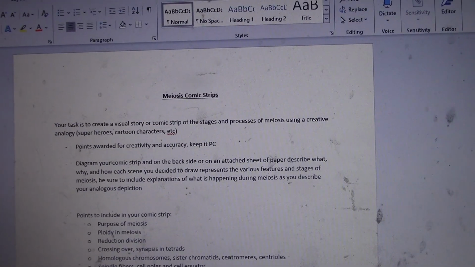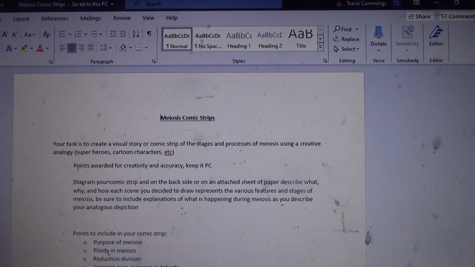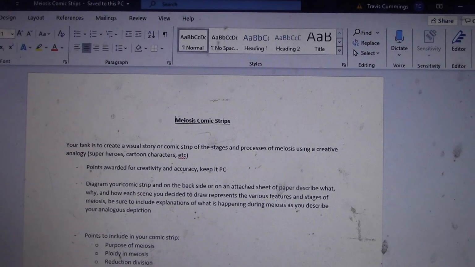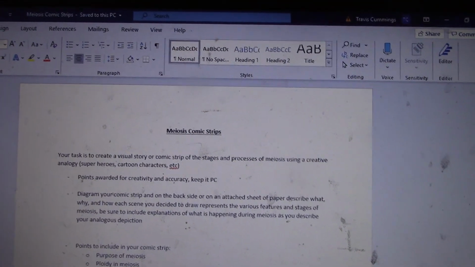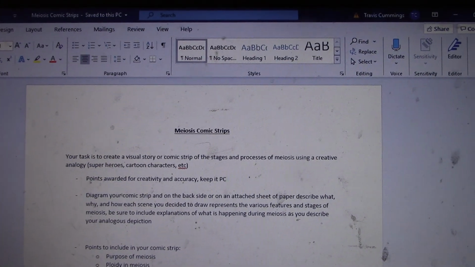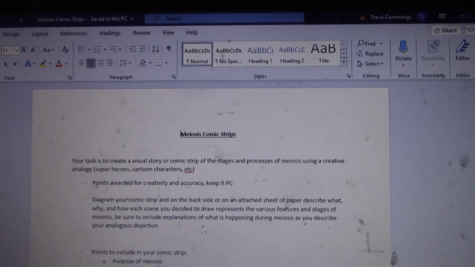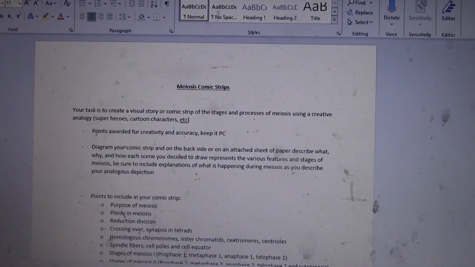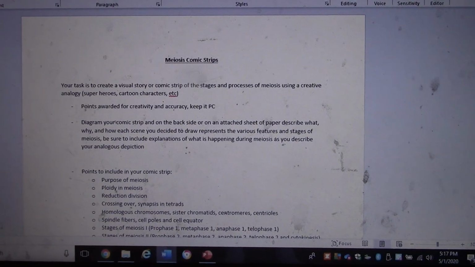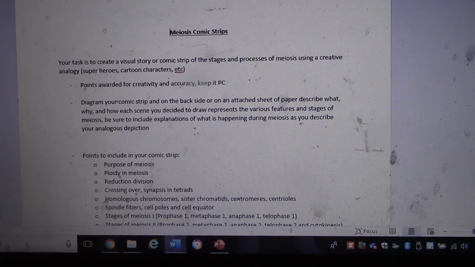So frame one would sound something like this: SpongeBob SquarePants is doing this or that, replicates his DNA to make more SpongeBobs. This represents this phase of meiosis because, and then create a story from that, and a conclusion, and use the different phases of meiosis to help guide you create your comic strip.